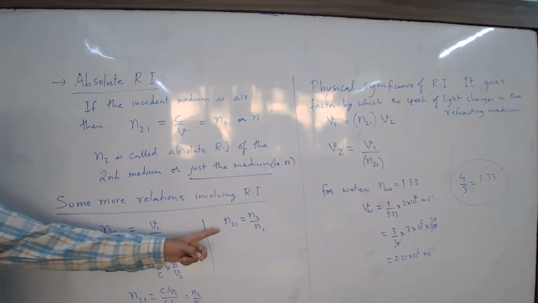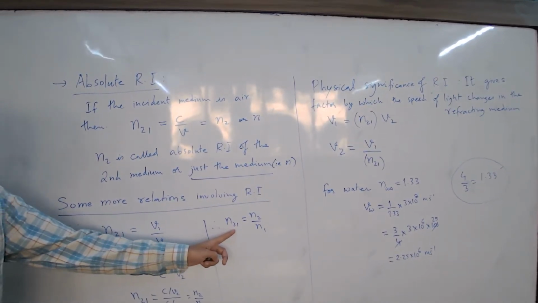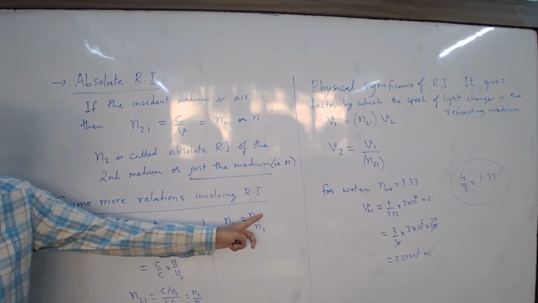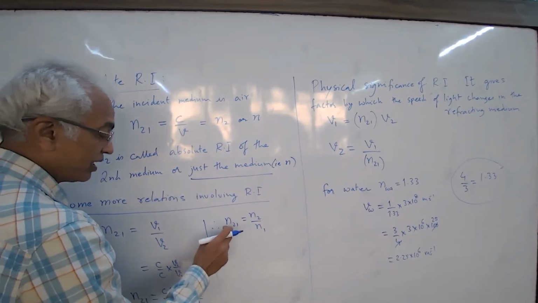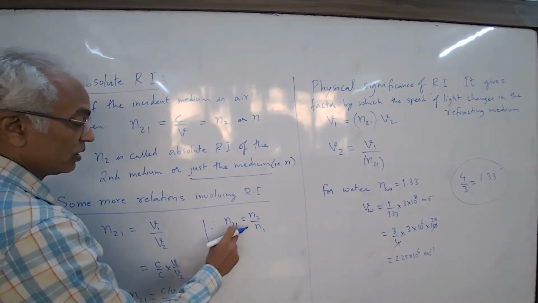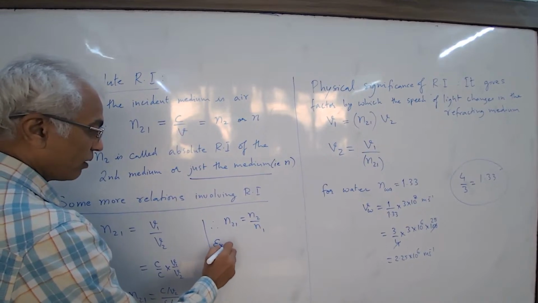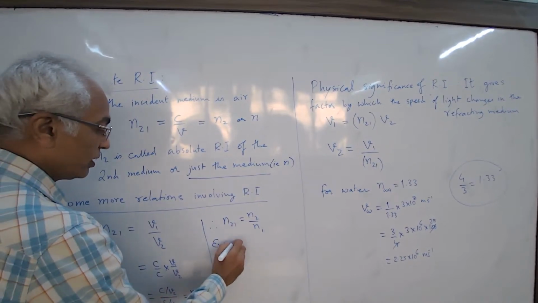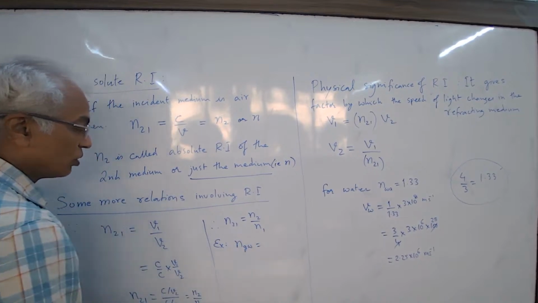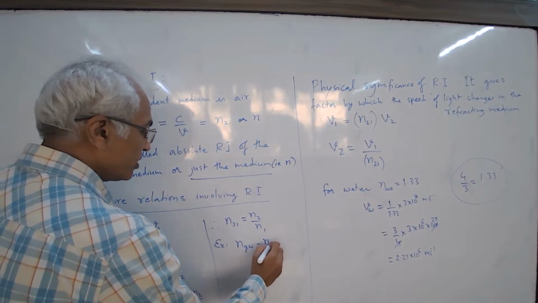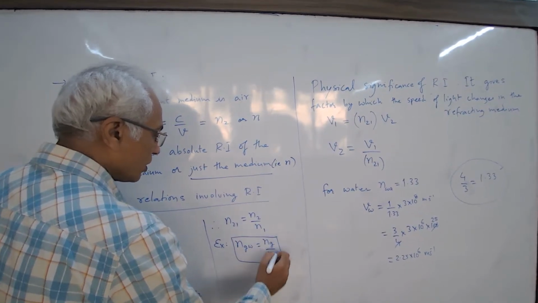This is the expression of refractive index. Okay, this is called relative refractive index, and this is called absolute refractive index. So this is the relation between relative refractive index of two mediums with respect to their absolute refractive index. So for example, if it is not air, it could be N_gw. So what is it now? It will be Ng upon Nw. Correct?